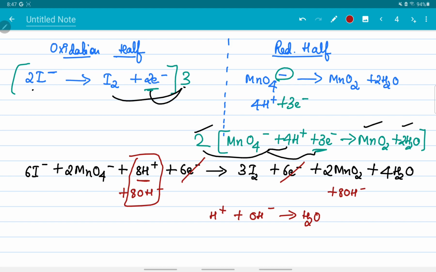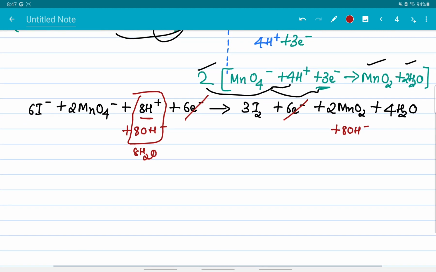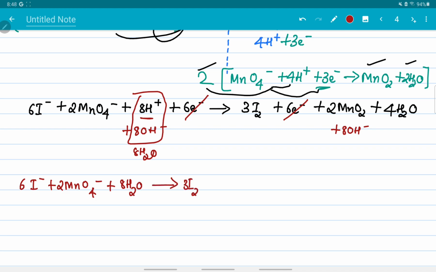So the 8H plus plus 8 OH minus on the left hand side combine and become 8H2O. Our final equation looks like this: 6I minus plus 2MnO4 minus plus 8H2O gives 3I2 plus 2MnO2 plus 4H2O plus 8OH minus.